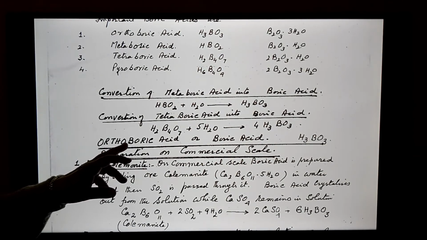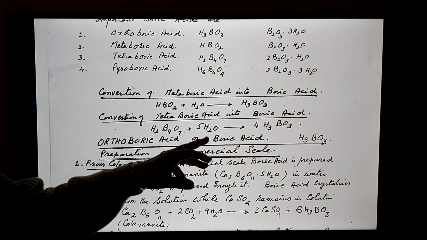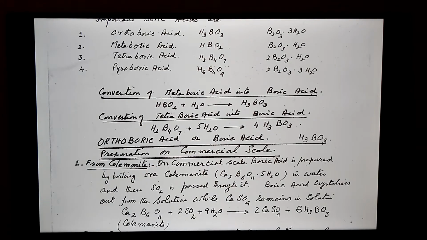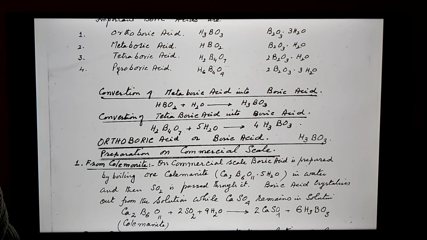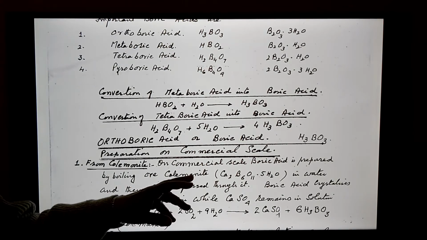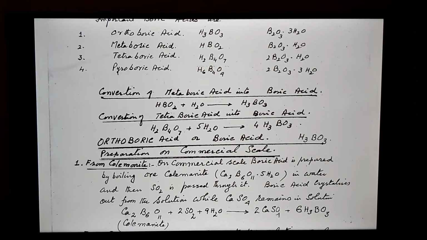Now we are going to prepare and look into the properties of orthoboric acid, which is simply called boric acid. First of all is preparation on commercial scale. First method is from colemanite. On commercial scale, boric acid is prepared by boiling the ore colemanite, a natural source, in water, and then sulfur dioxide is passed through it.